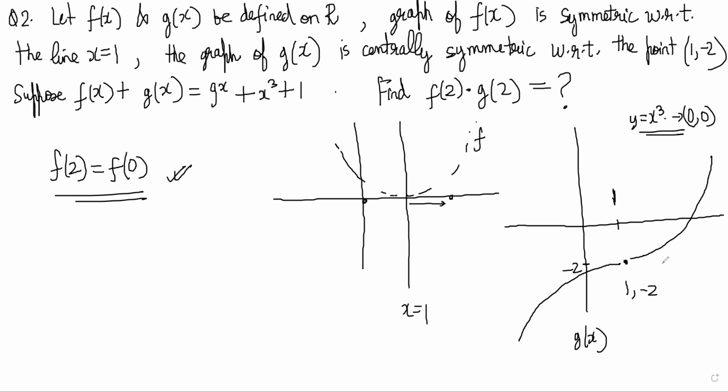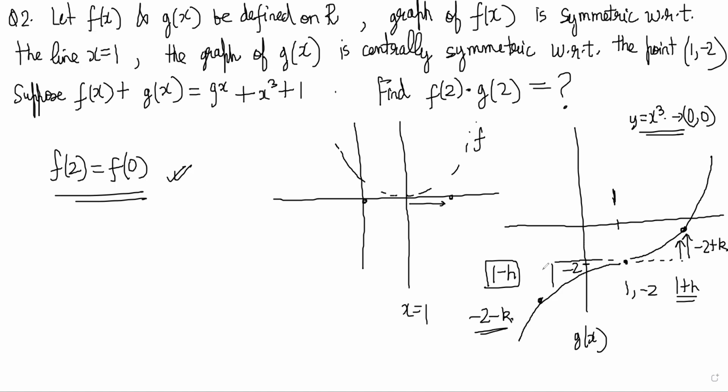So anytime you go a little distance above it, right? For example, if your x coordinate was 1 plus h, and your x coordinate here was 1 minus h, the y value here would be, g of 1 plus h would be minus 2 plus k, and here it would be minus 2 minus k.